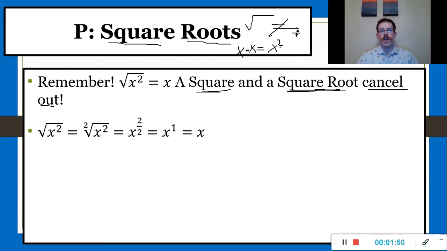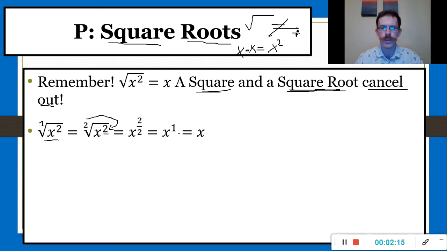Now, we could show that a square and a square root cancel each other out through some algebraic manipulation. If I have a value here, the square root has technically a 2 here. And that 2 is going to come around to this side, underneath this root.